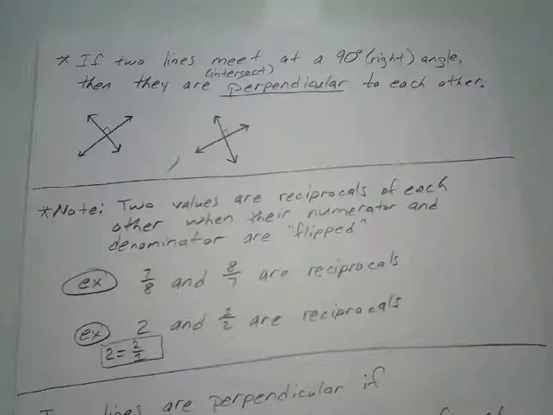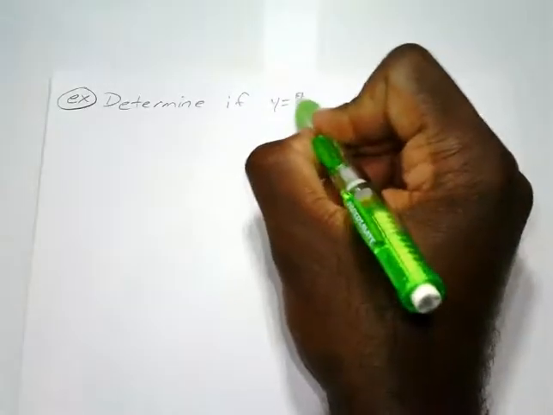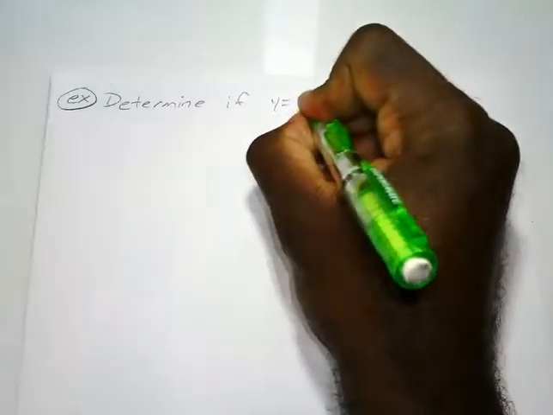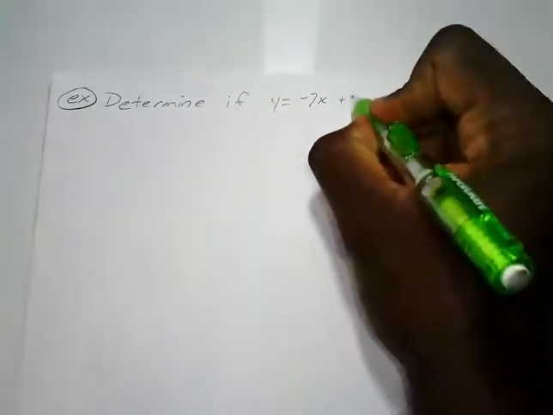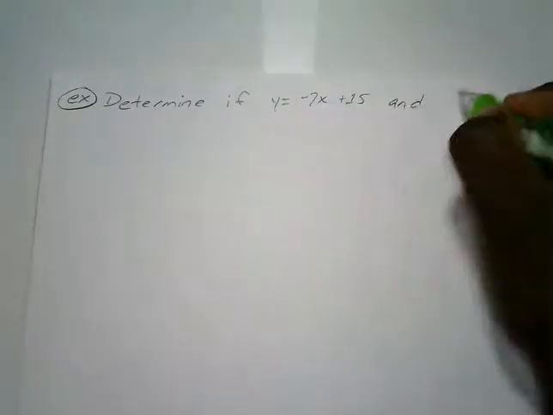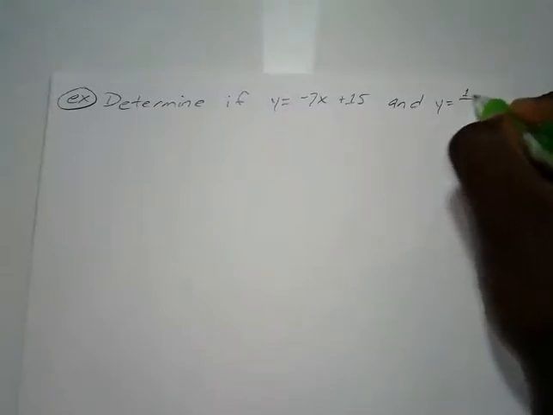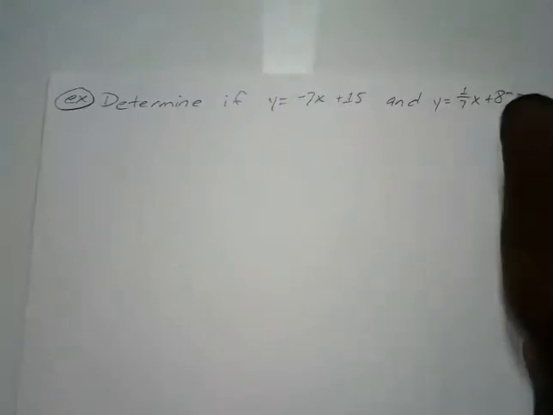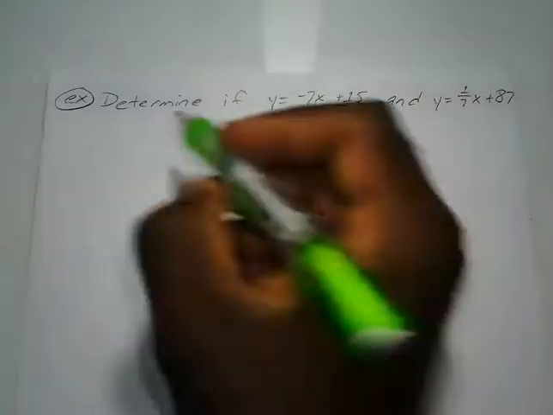Okay, so let's say, for example, we want to determine if y equals negative 7x plus 15 and y equals 1 over 7x plus 87 are perpendicular.